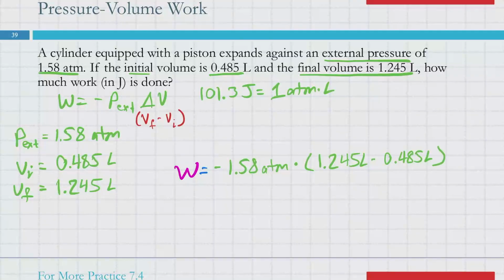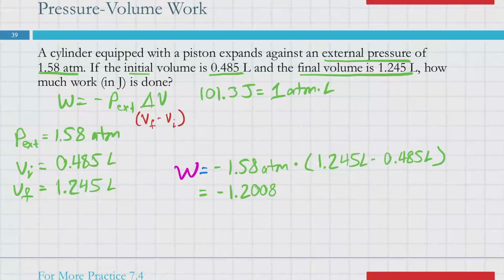So to find out how much it changed, we'll just subtract those two. So work equals negative 1.58, and plug the rest in. We get a value of negative 1.2008.